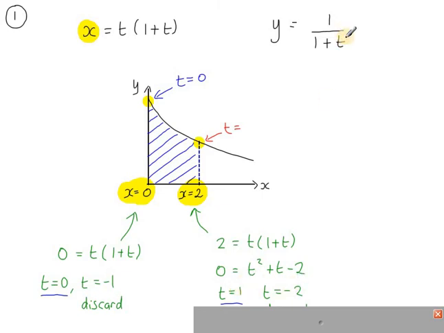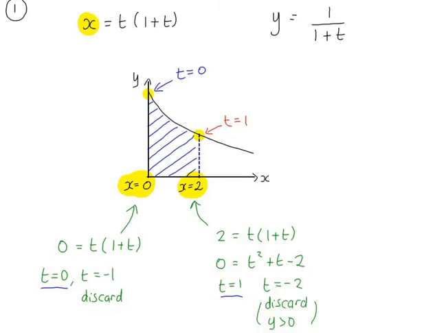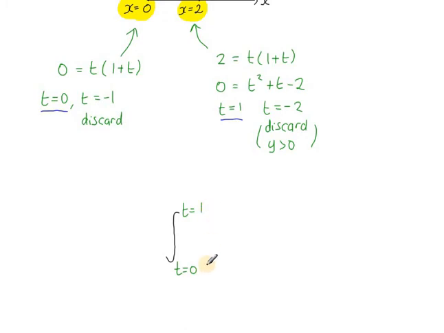If I put in 1, I've got 1 divided by 1 plus 1, so 1 divided by 2, that's a half. y equals a half. That value looks good. If I try minus 2, then I've got 1 plus minus 2, which gives a negative value for the y coordinate, which is clearly wrong. So t is equal to 1 at this point. So these will be the limits when we integrate.